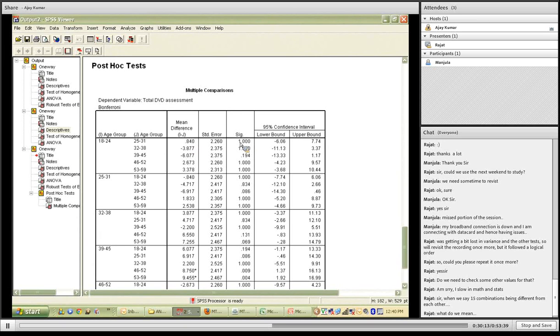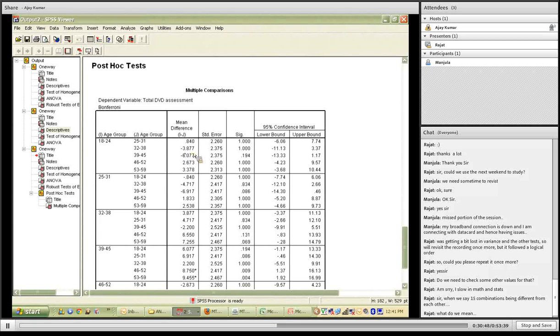It is in fact much higher than 0.05, and hence we would say that 18 to 24 year olds are not different from someone whose age group is 25 to 31 as far as their opinion about the prototype of the DVD that we gave them to study, right? In the same way, 18 to 24, when compared with the 32 to 38 age group, the mean difference was minus 0.3.